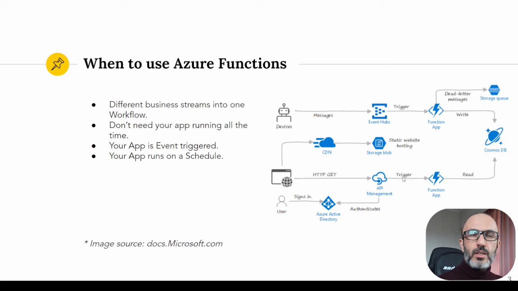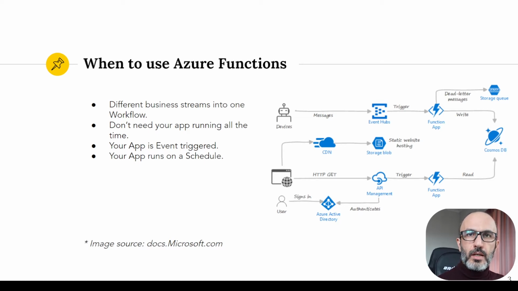And then after that, this HTTP GET message will trigger an event to the Azure function. That Azure function will perform whatever business logic you wanted to do, and then it would send a read message to the Cosmos DB to get the information that the user is looking for.